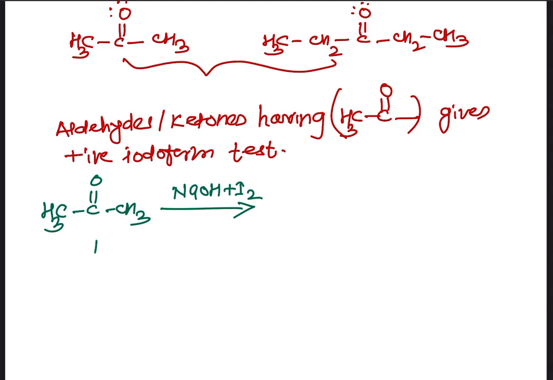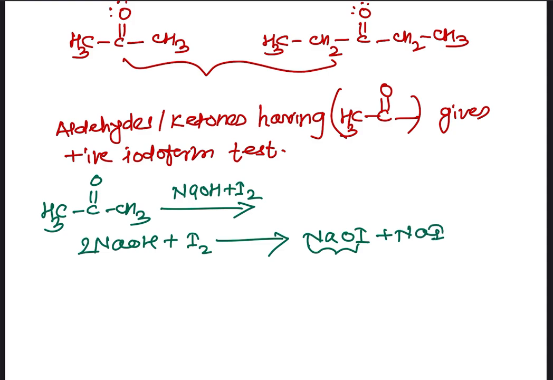So here a reaction of sodium hydroxide and iodine gives sodium hypoiodide. This is an oxidizing agent, sodium iodide and H2. Now the same sodium hypoiodide reacts with acetone.